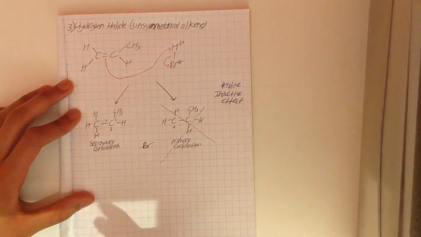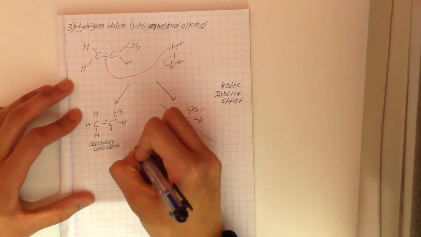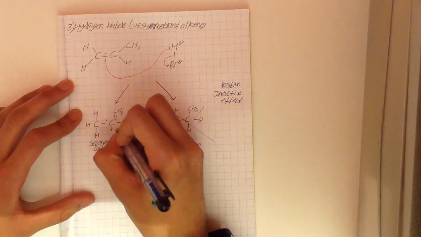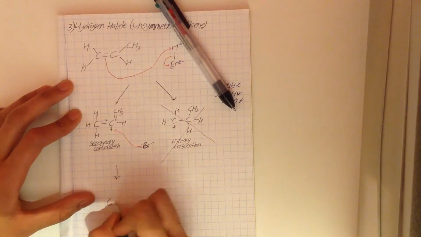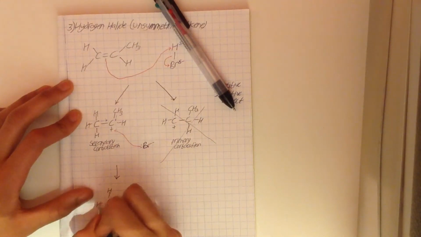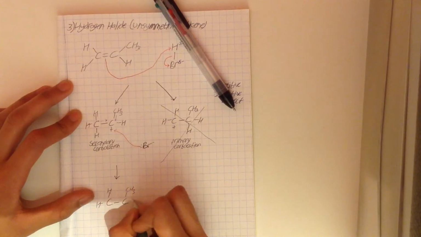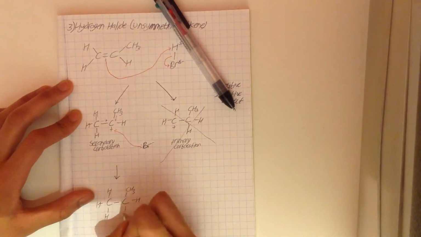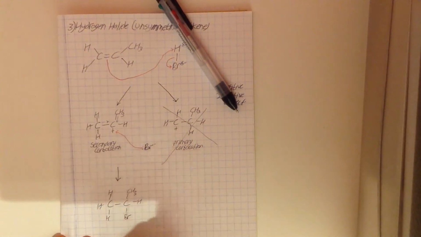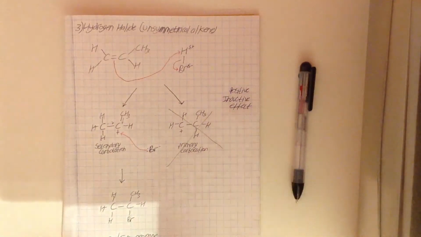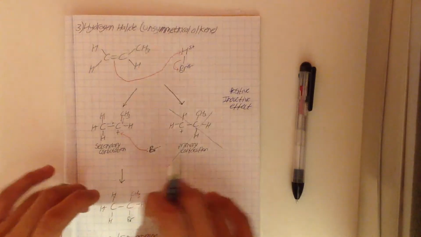And the same thing, we make sure there's an arrow from the lone pair going towards there, and then that will form, and our product will be C. In terms of naming that, if we look at our carbon chain, it's going to be 2-bromopropane. Yep, and that is electrophilic addition, and that's the reason why we form this product and we don't follow through on that product.